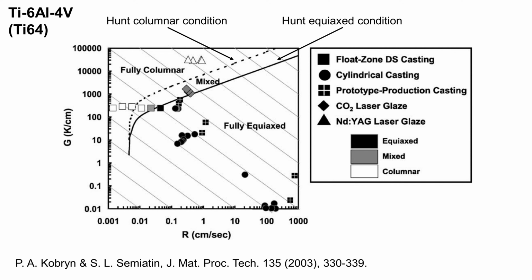The samples exhibited columnar grain structures, equiaxed and a mix of both, allowing a CET guide map to be constructed. These are commonly called Hunt maps, as the solidification conditions required to produce columnar or equiaxed grains in metals were first modelled by J.D. Hunt in his 1983 paper on the topic, and are shown on Cobrin and Semiatin's CET map as the solid and dashed black lines.